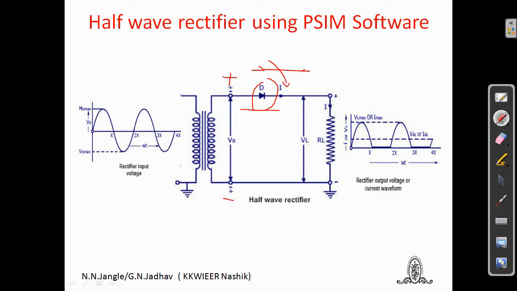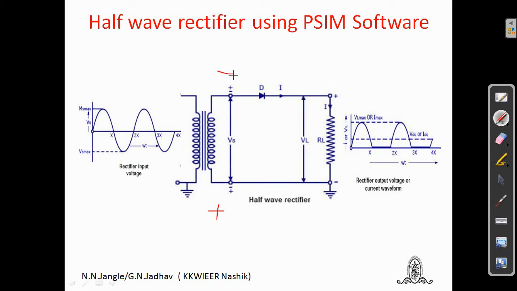So current flows from positive to negative through the load. Why? Because this diode is in forward bias condition. Now for the negative half cycle of the supply, when the upper end becomes negative and the second terminal is positive, the lower end of the secondary winding is positive with respect to the upper end.